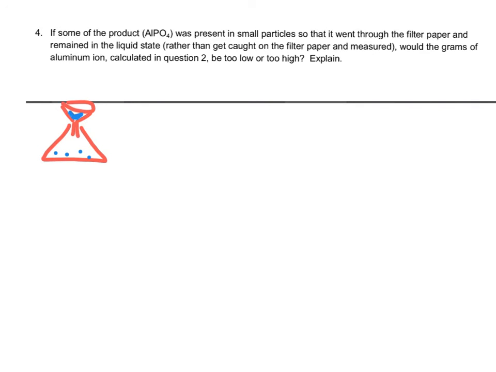Well, this means that when I compare the masses of the filter paper and product versus the filter paper, the grams that I measure of aluminum phosphate is going to be lower than it should be. So I'm going to say the measured or experimental mass of aluminum phosphate is too low. And then think about how that would affect the error, and go ahead and make your prediction, and then come back and compare to mine.